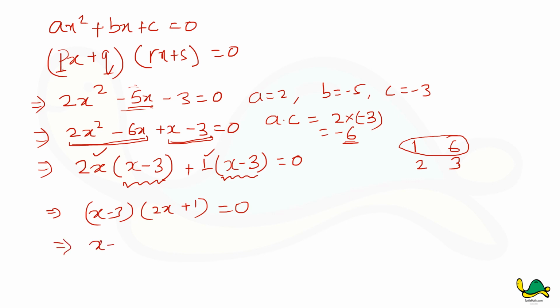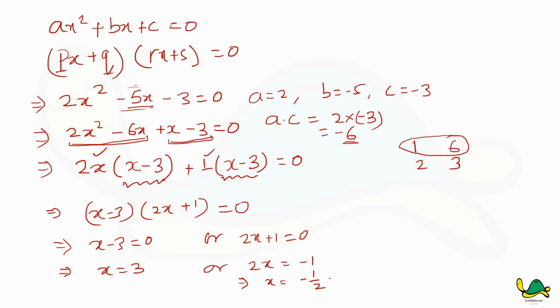So x - 3 = 0 or 2x + 1 = 0. If x - 3 = 0, my answer is x = 3. Or when 2x + 1 = 0, we have 2x = -1. It implies that x = -1/2.